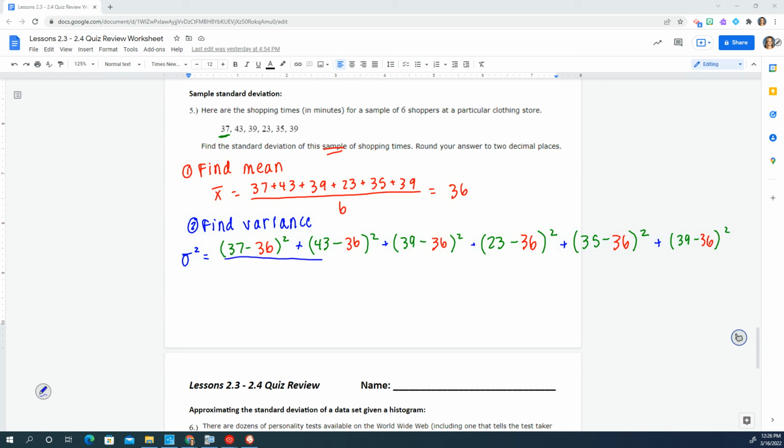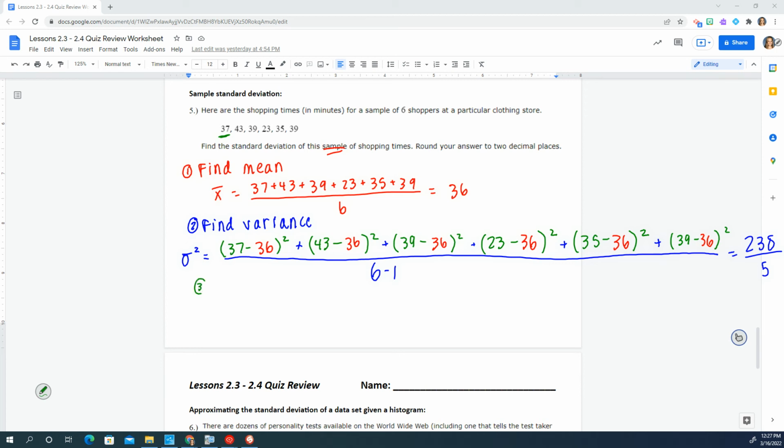All right, now here's the way I remember with the sample. We have to take this divided by our number minus 1. So we actually have to divide this by 5. Again, that's only in the variance part, not when we're calculating the mean.